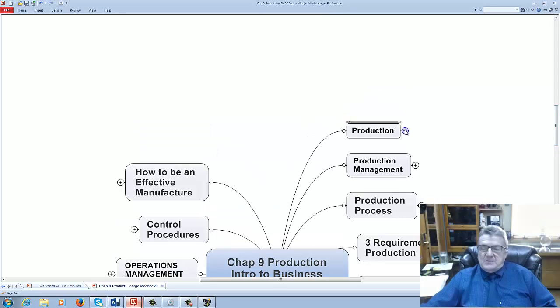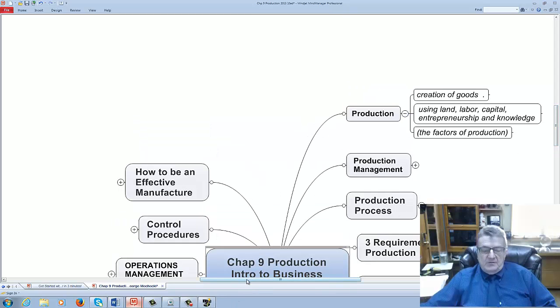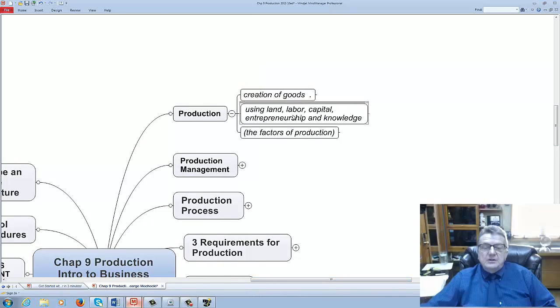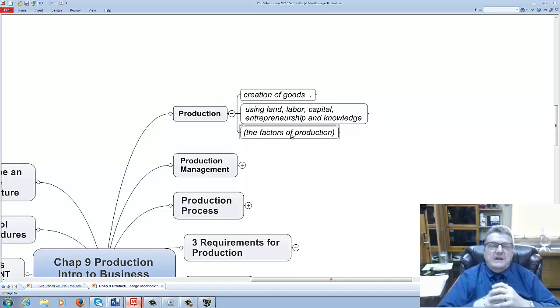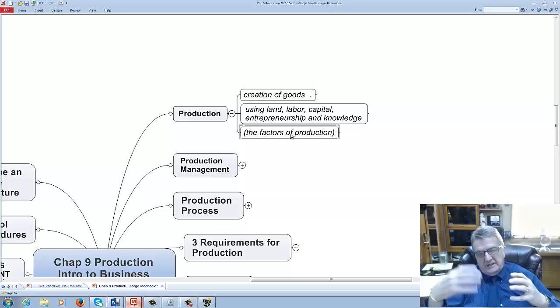What is production management? Let's go with the definition. Creation of goods or services using land, labor, capital, entrepreneurship, and factors of production. Real simple from economics: factors of production, land, capital, individuals, knowledge.